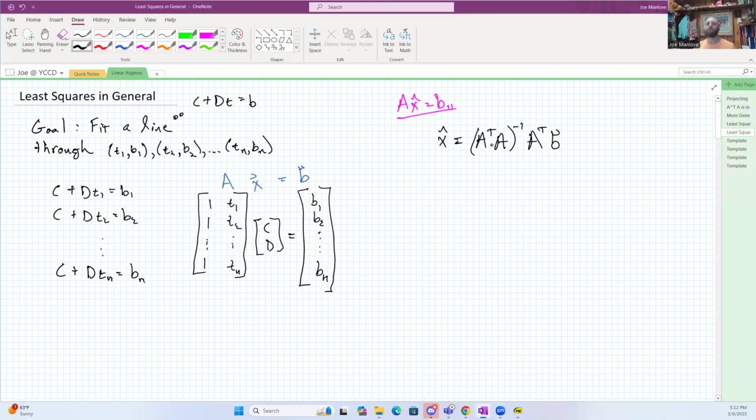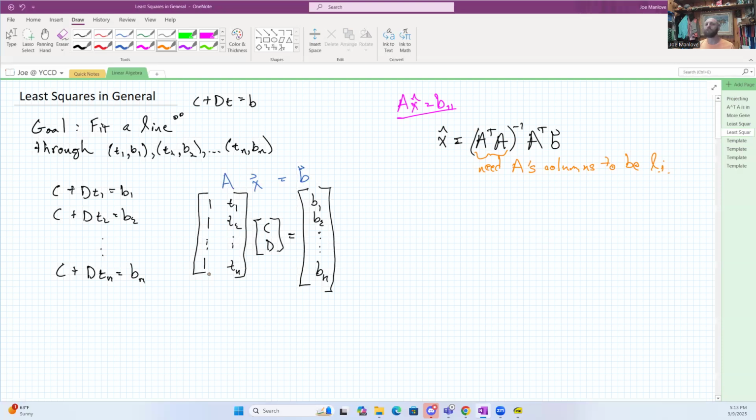That projection relies right here on knowing that I need A's columns to be linearly independent. Now, how do I know A's columns are linearly independent?